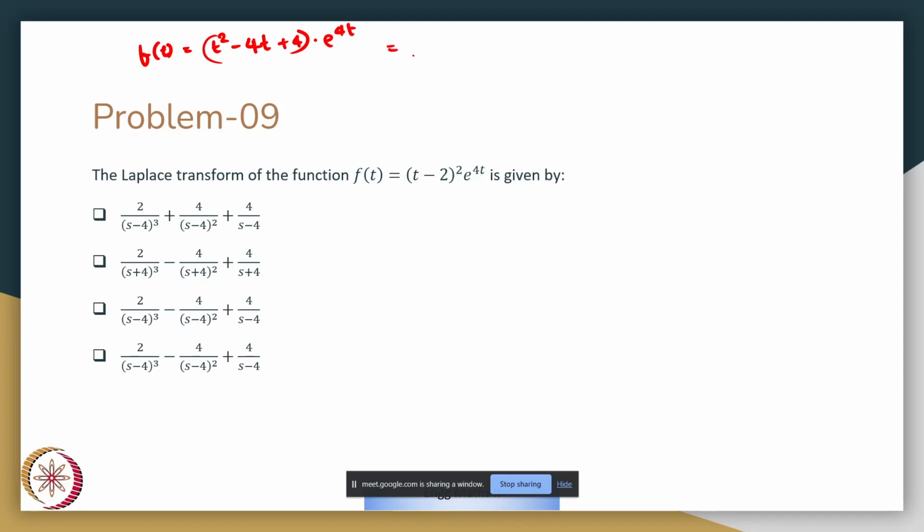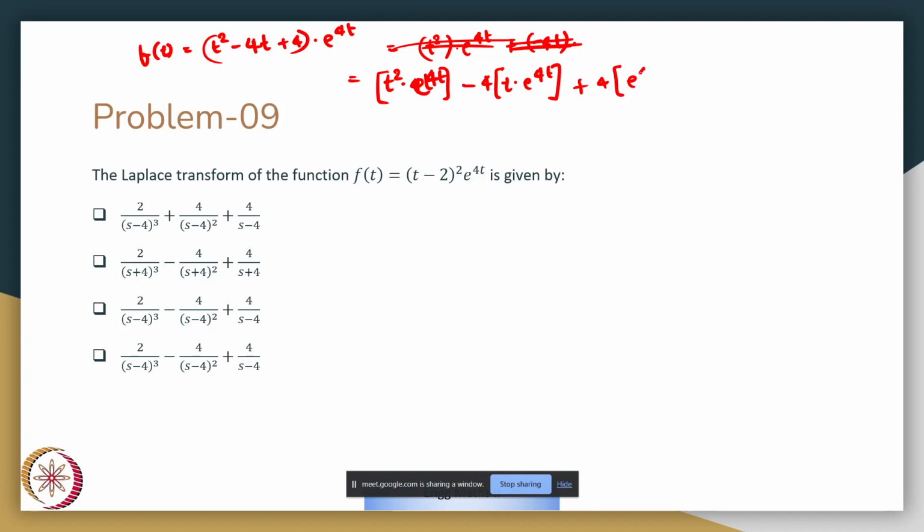This is my first term, t square into e raised to 4t, minus 4 times t into e raised to 4t, plus 4 times e raised to 4t.